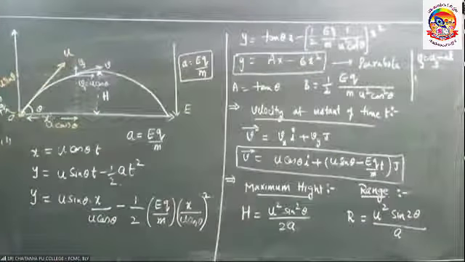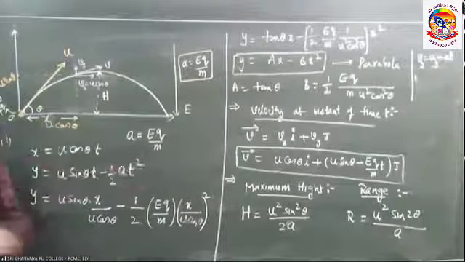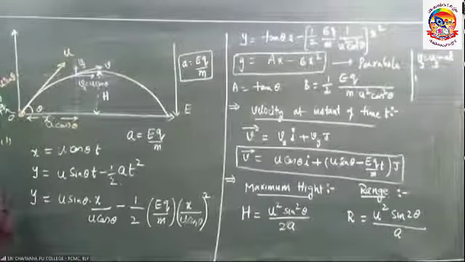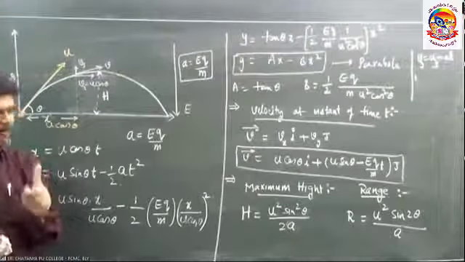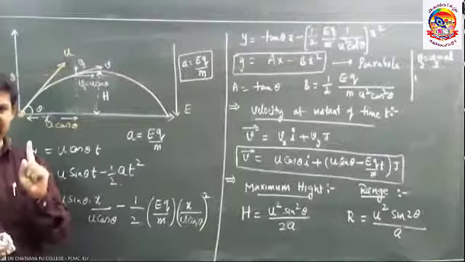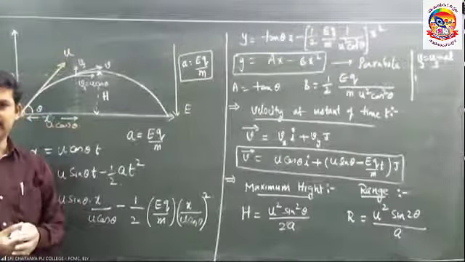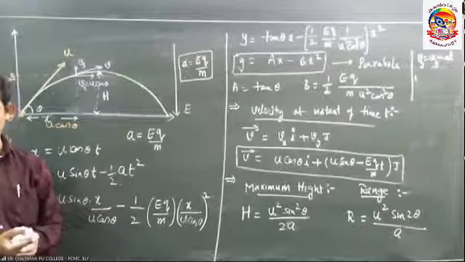Clear? The only hint you have to remember is that the procedure we followed is the same as oblique projectile, except in place of g we substituted a. That's all. Today, take your old notes if you have them and compare those two.